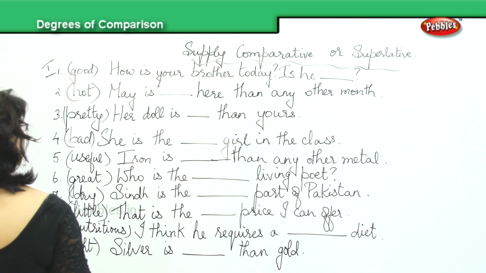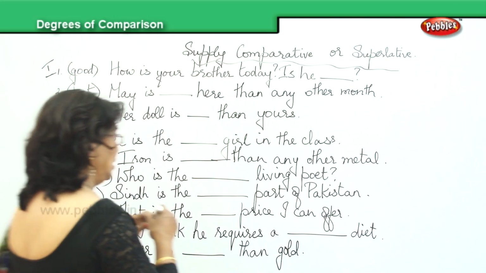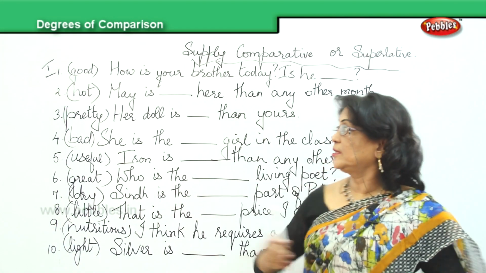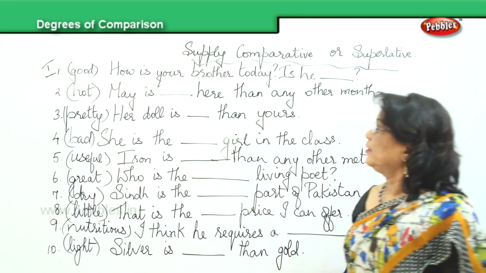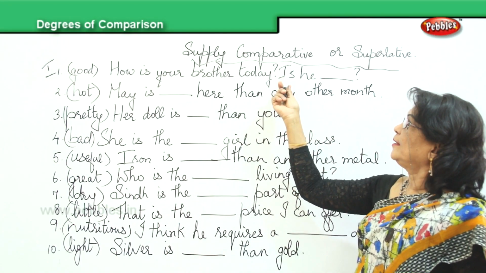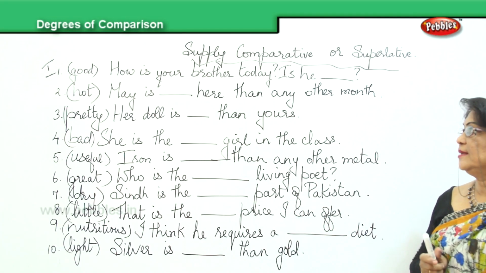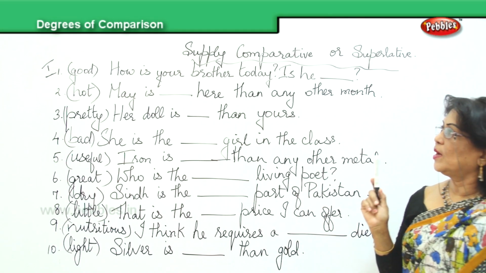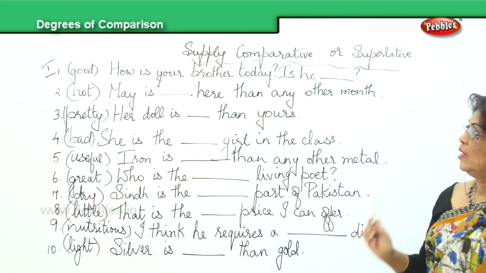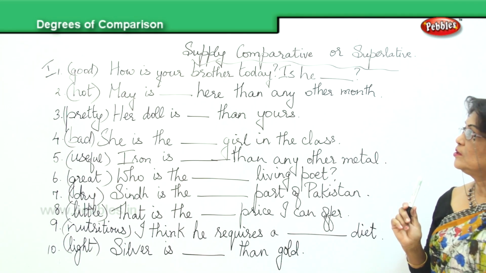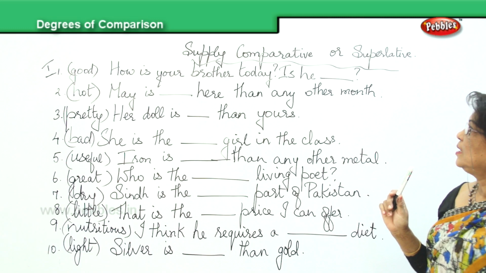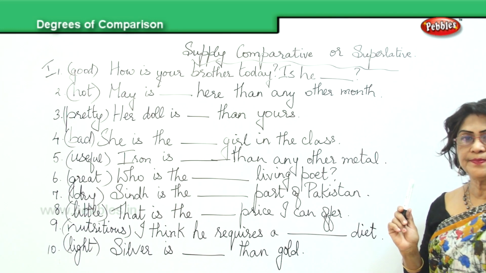Okay, I've given you 10 sentences and I've given the positive degree here, and you're going to change it into either comparative or superlative according to the sentence. Now the first one is good. How is your brother today? Is he dash?